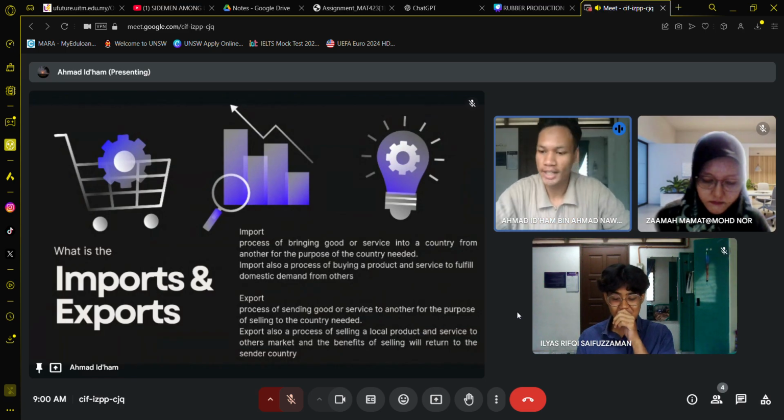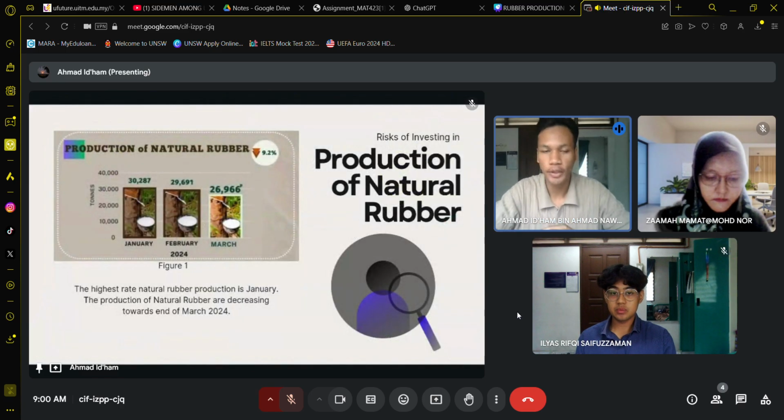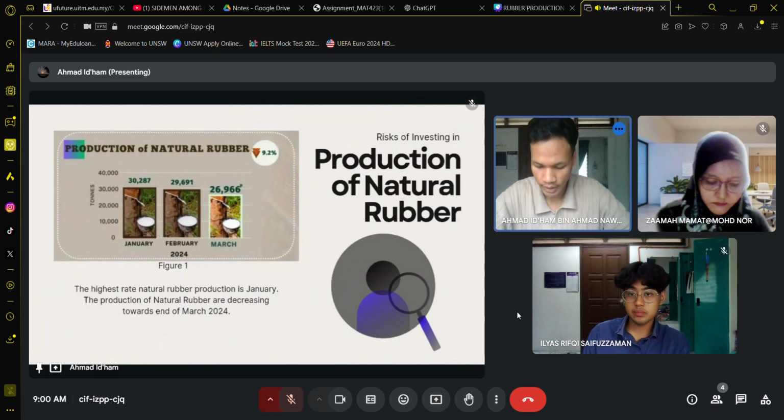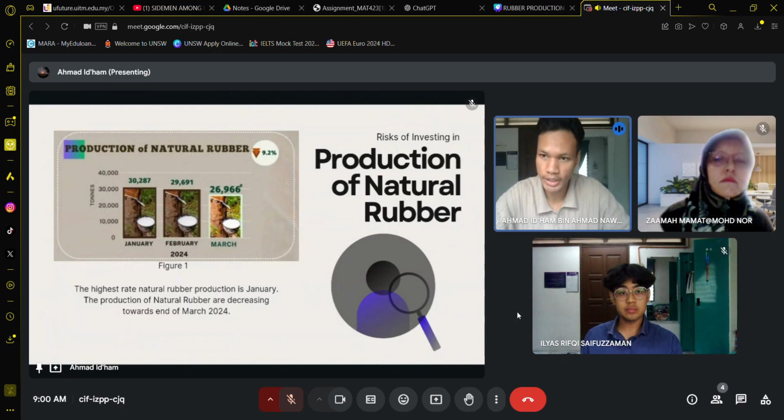So next I will continue on the production of natural rubber. Based on the data that we took from the Department of Statistics Malaysia as our main source, the highest production is in January 2024 and the lowest is in March 2024, in the first quarter of 2024.